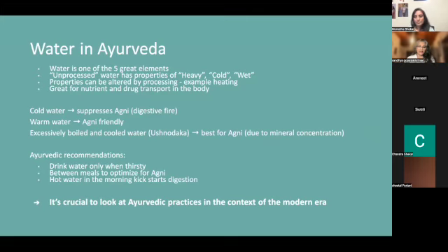For example, if you took some water, your tap water, or some filter, any water that you didn't know what, I mean, we have a lot of contaminants today. And if you were to do this Ushnodaka practice, you're basically going to concentrate your contaminants more than your minerals. Potentially, maybe it's possible. So you have to be cognizant of a lot of things before we just blindly follow the ancient practices, just because the context has changed very, very dramatically.